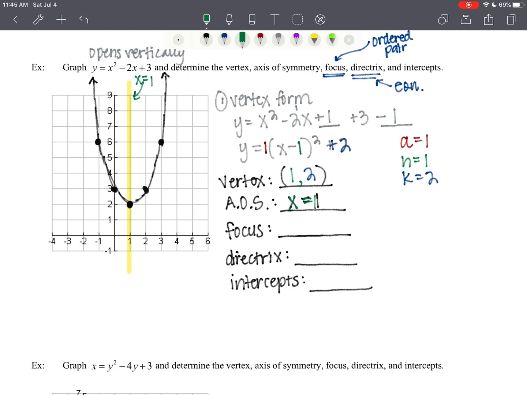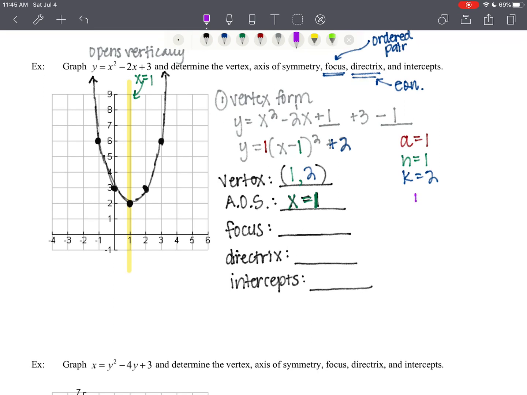And then we have the focus. Now the focus, remember, is going to be 1 over 4a of a distance away from the vertex. So the focal distance equals 1 over 4a, which is 1 over 4 times 1. So it's 1/4.